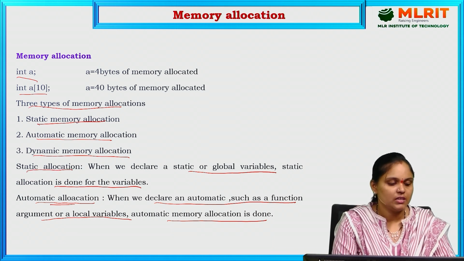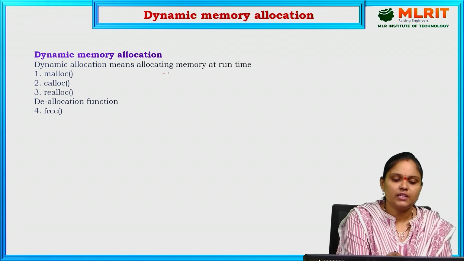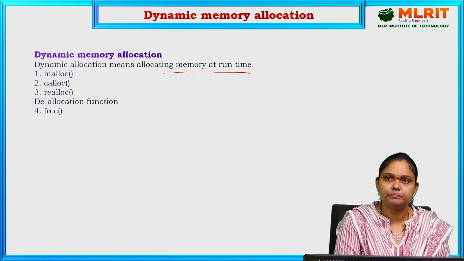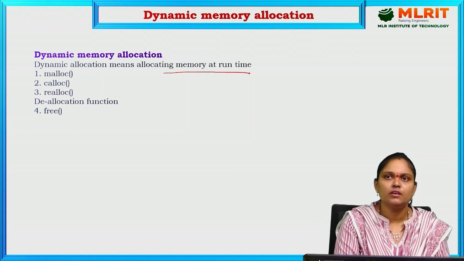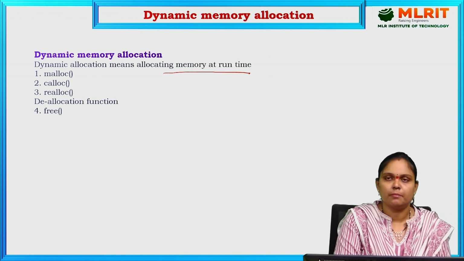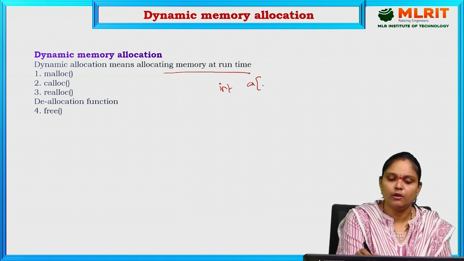And next one is dynamic memory allocation. Dynamic memory allocation means allocating memory at runtime, at the time of execution. Say for example, if you declare int a of 100, what happens?